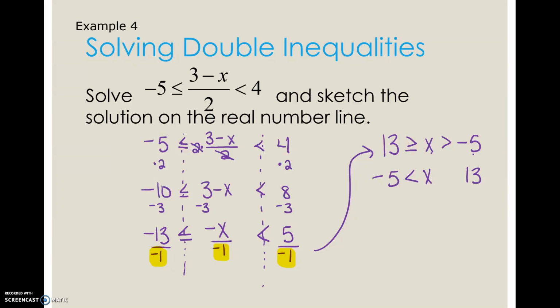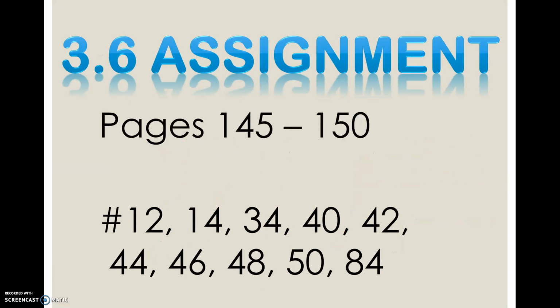Between the x and the 13, the sign was eating the 13 and had an equals line underneath it. Once you get it rewritten like that, then you can kind of mindlessly put the numbers on here. Open circle at -5, closed circle at +13, and shade in the middle. That is a lot.